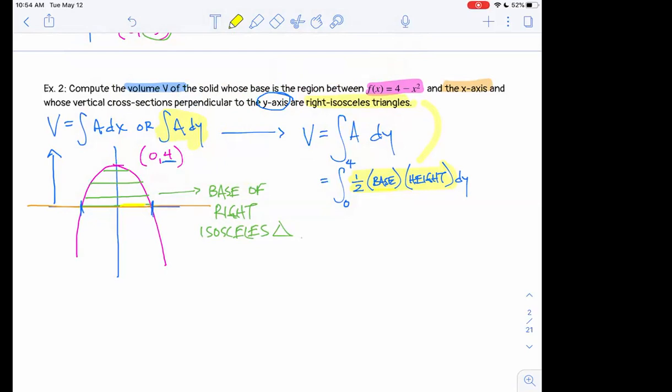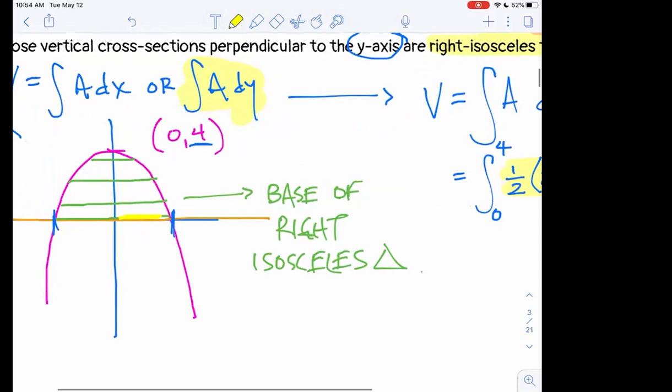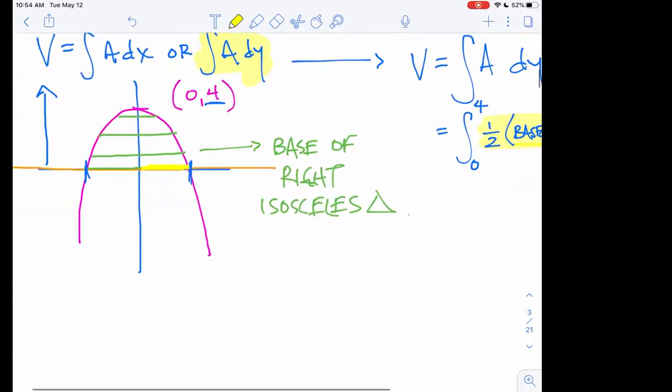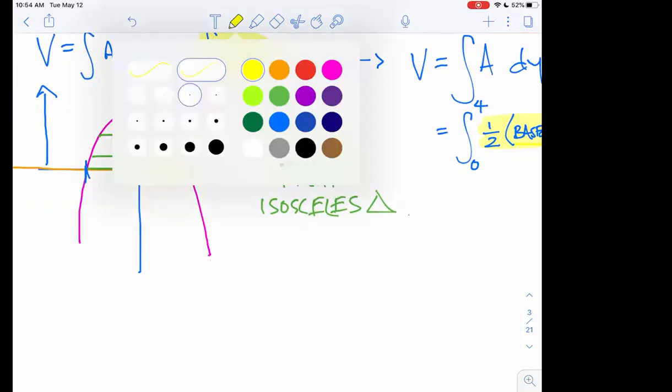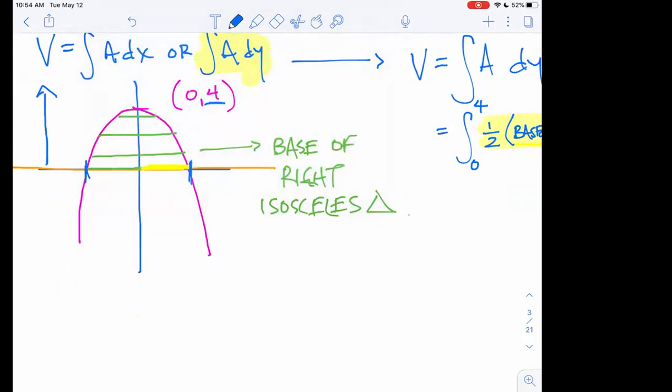Does that strategy make sense to folks? Yes. Yeah, okay. So if I only look at this little yellow region right here, what's the right curve for that region? The parabola. The parabola, okay.